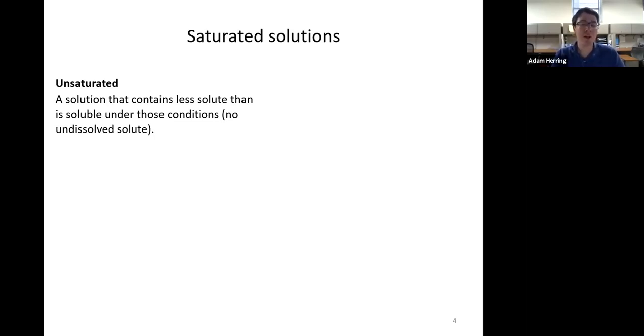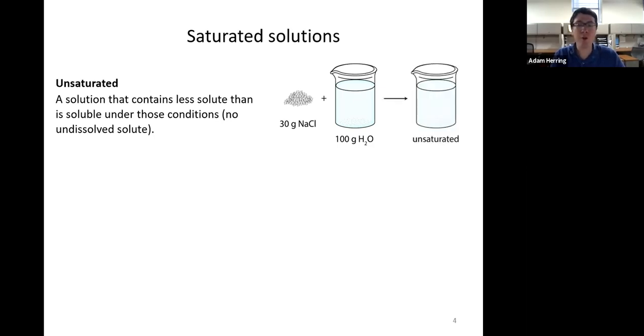When you have an unsaturated solution, you will not see any undissolved solute in the bottom of your beaker. So for example, let's say that we take 30 grams of sodium chloride at room temperature and add it to 100 grams of water. If you mix those up, you would end up with an unsaturated solution. In other words, we could still dissolve more sodium chloride in the water.